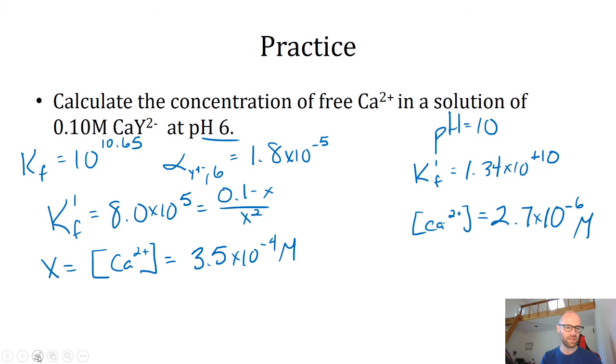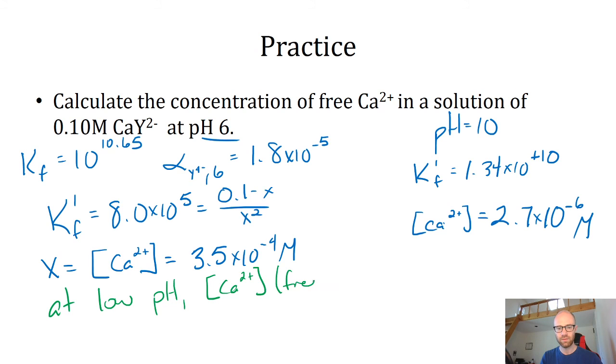So what do we see? And hopefully this should back up what we already saw. At low pH, calcium 2 plus free is larger. We'd said before, based on our graph, that if only the Y4 minus form of EDTA does any binding, at low pHs there's less Y4 minus.